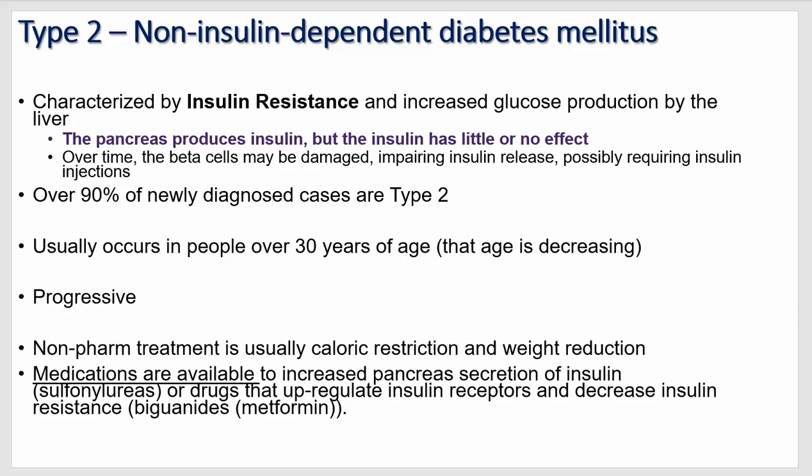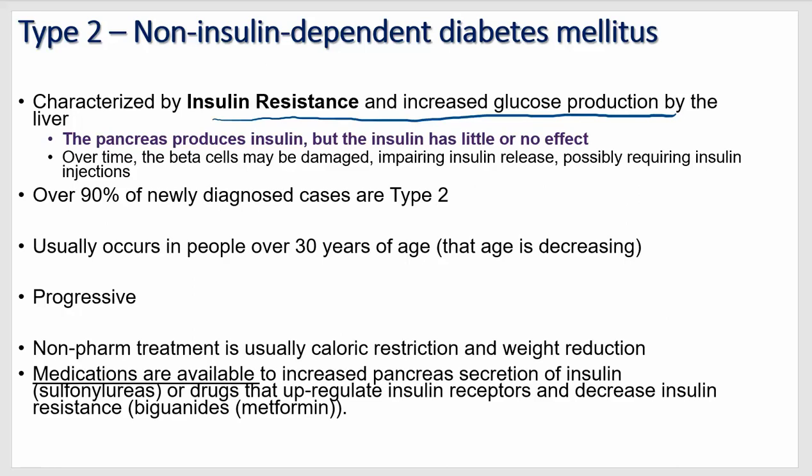All right. So type 2 diabetes, non-insulin dependent diabetes mellitus, is characterized by insulin resistance and increased glucose production by the liver. So your cells are not responding to insulin, and you are actually making more glucose in your liver.